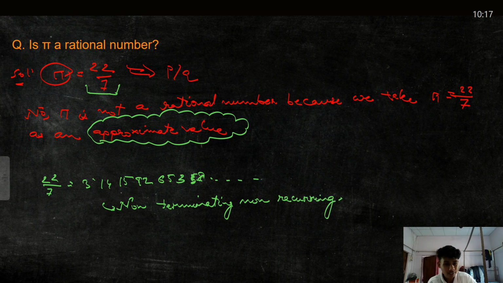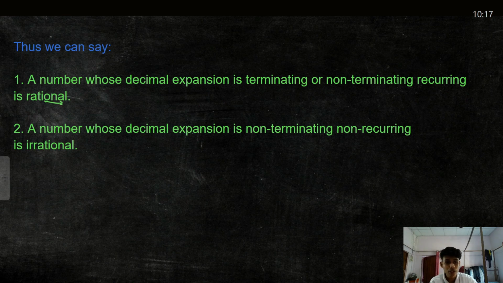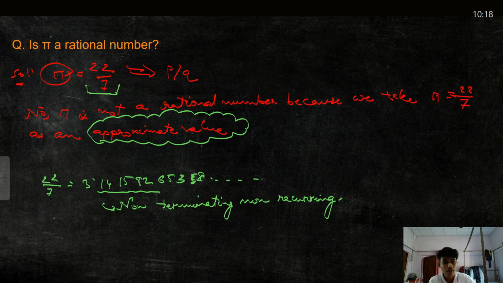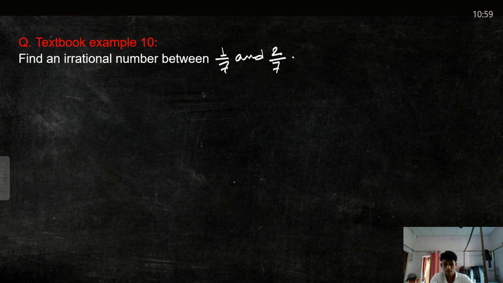That implies that there is no repetition after the decimal. Thus, the value of pi is irrational.